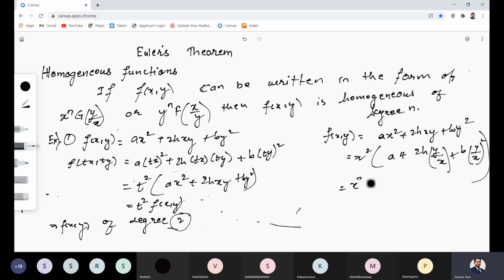So what we have got, x square. So I can put y by x as t. So I can say that this is a function of y by x. Fine.